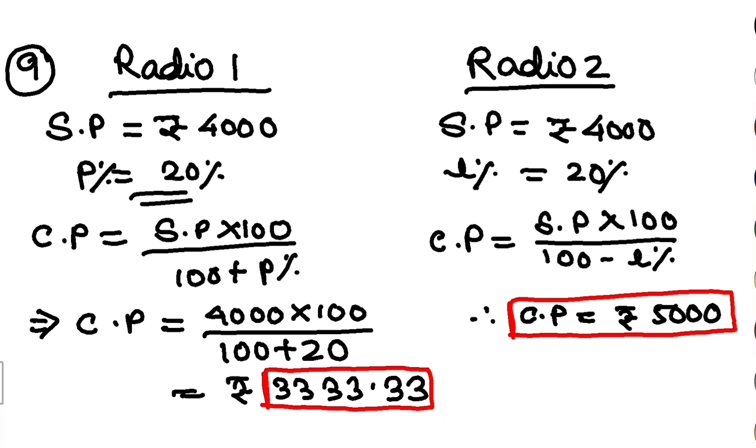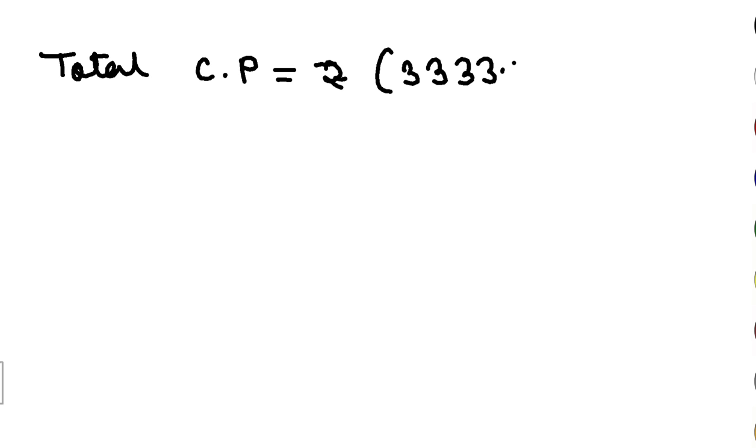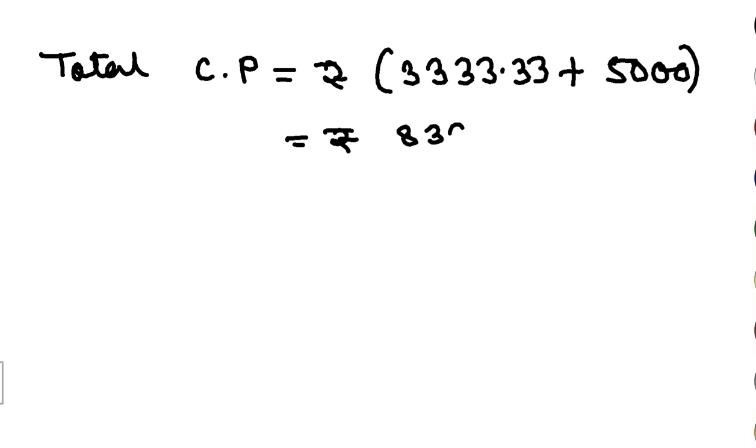So what will be the total CP then? My total CP is obviously the sum of these two, that is 3,333.33 plus 5,000 from the second one. So my total CP is 8,333.33.